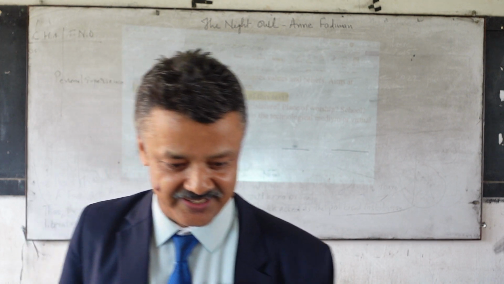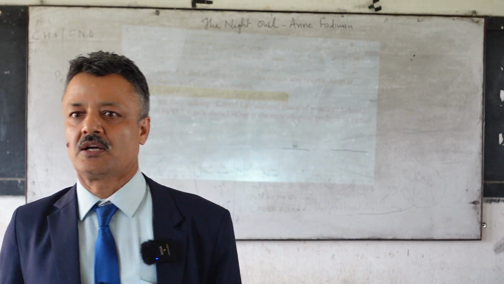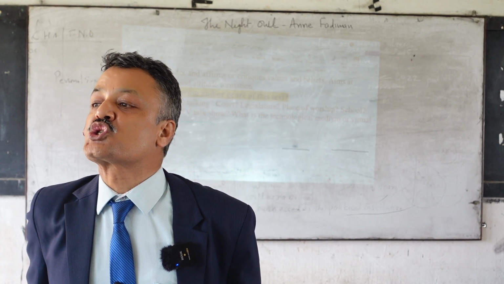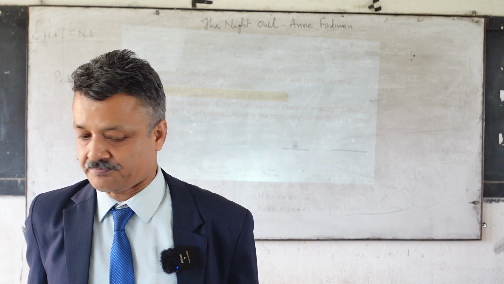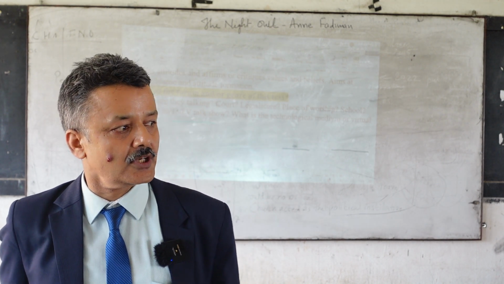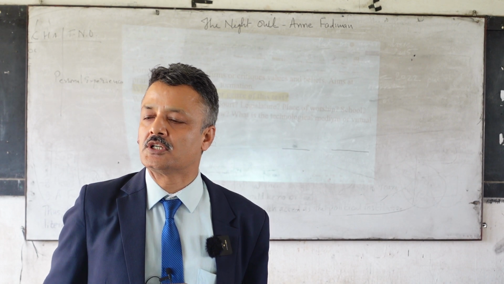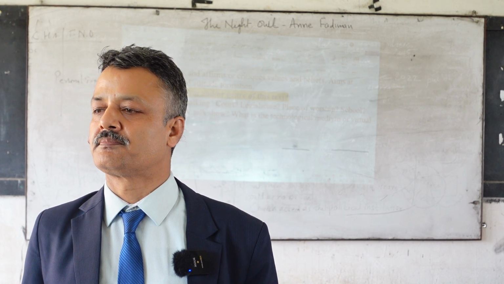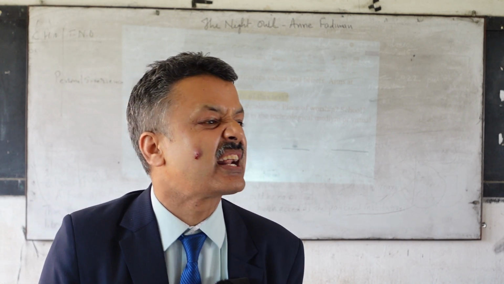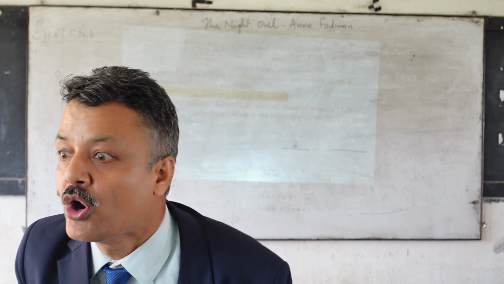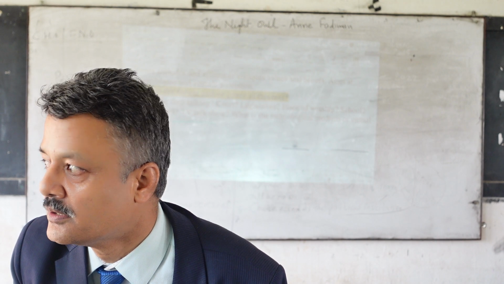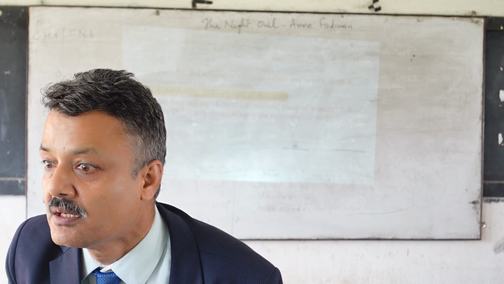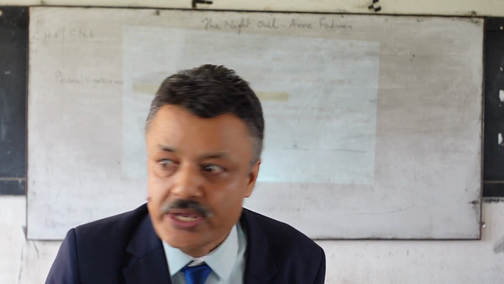Okay? Move ahead. Now ask a question. What is the form and genre of the text? Form means where is it taking place? Chang Rae Lee's memoir appeared in the New Yorker weekly magazine.